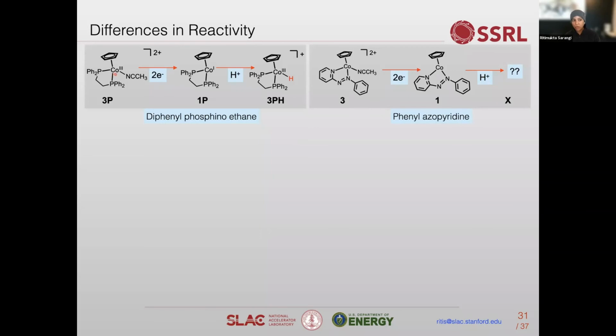You start again from the cobalt-3 species, you do a 2-electron reduction, you form a cobalt-1 species, and you throw in a proton, and the proton goes and forms a cobalt-3 hydride. This is known, this is the literature precedent. We start again with a cobalt-3 species, do a 2-electron reduction, you throw in a proton, and you don't know what's forming, right?